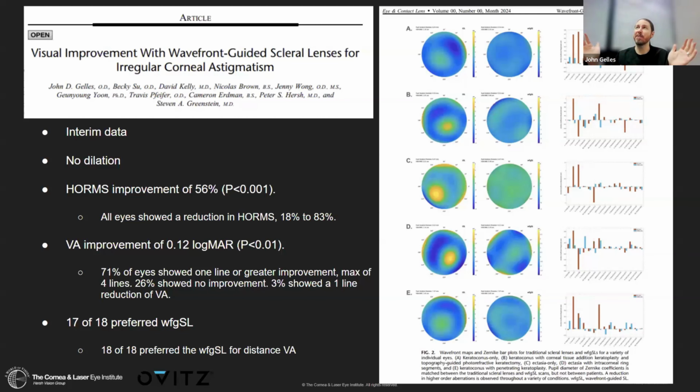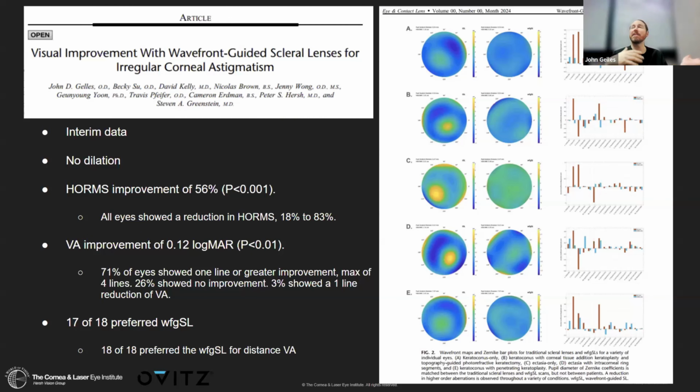Now, that 26% that showed no improvement in visual acuity, that by and large was patients that were already 20/20 with their lens. But those individuals, based on the data point right above that, all of them experienced a reduction in the aberrations.